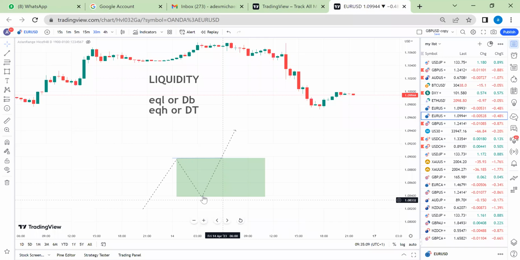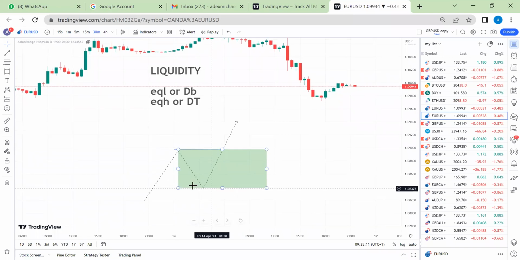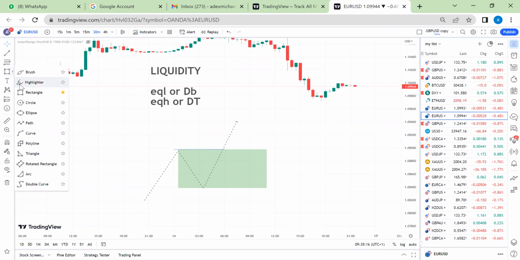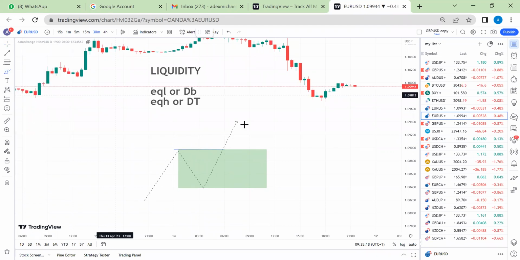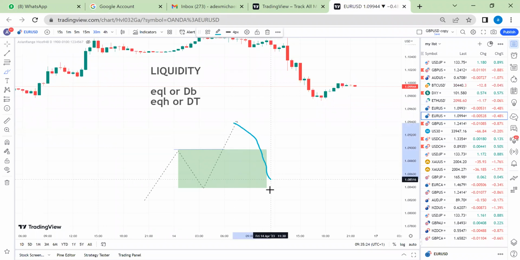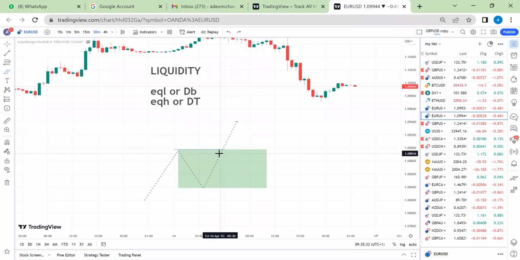Because in the long run, price cannot keep going up. It will still come back and invalidate this place. It cannot just keep rotating forever. At some point, it's going to invalidate it and give us a change of character. You wouldn't know when that is going to happen.